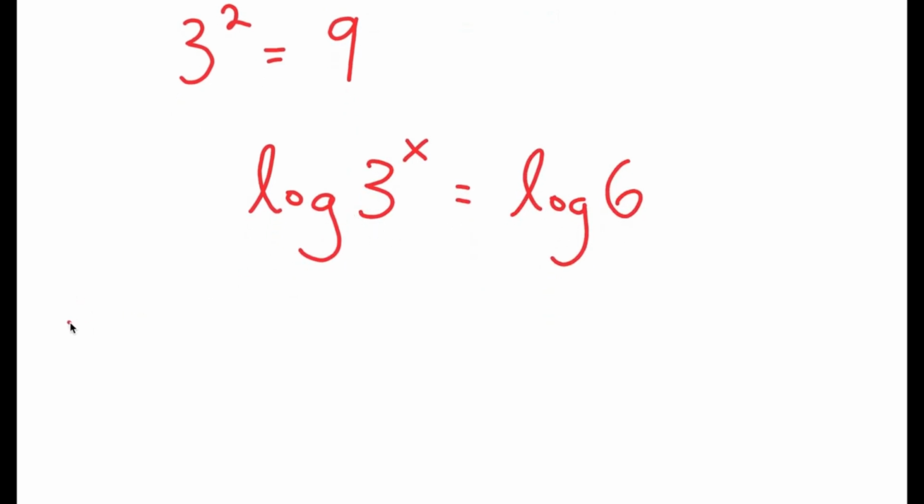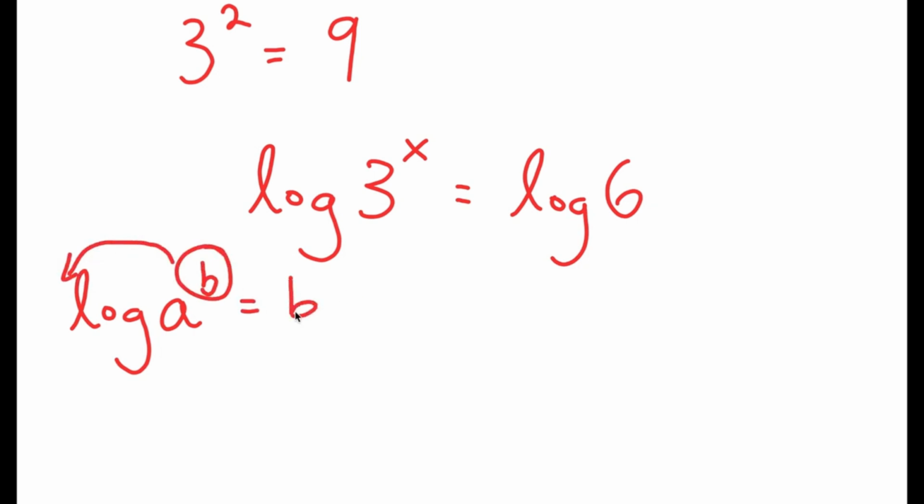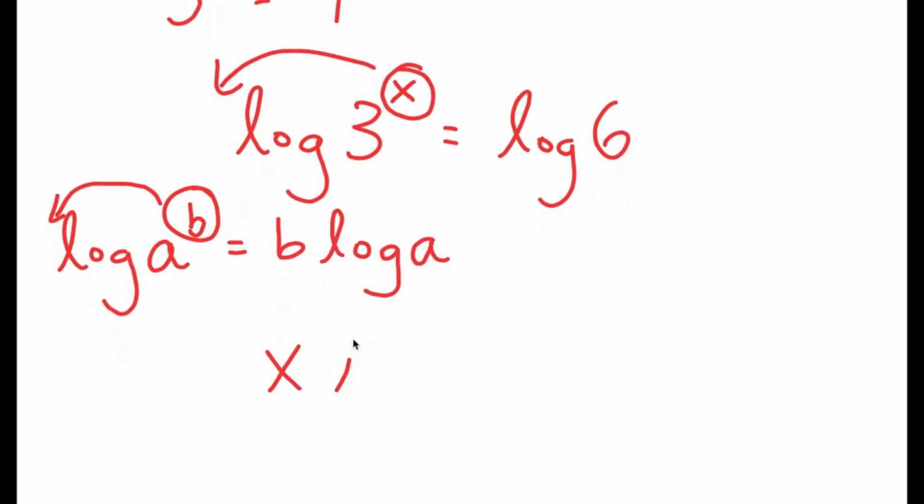And from here, if I have something in the form log a to the power of b, I can move this exponent b to the front. So this turns into b times log a. So I have log 3 to the power of x, and I can move x to the front. So I get x times log 3 is equal to log 6.